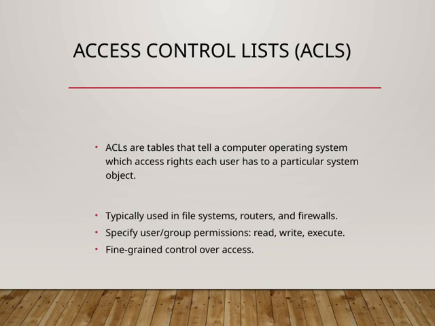With ACLs, you can specify permissions for individual users or groups, such as read, write, or execute rights. This allows for a high level of detail in managing access, giving you fine-grained control. This precision is especially important in maintaining security and ensuring that users only have the permissions they need.